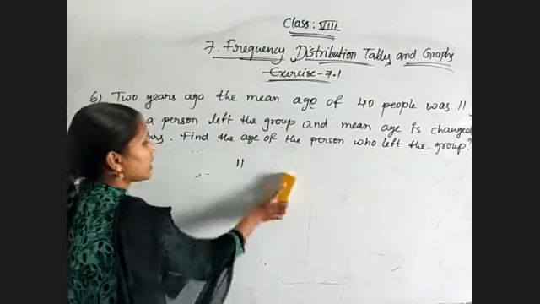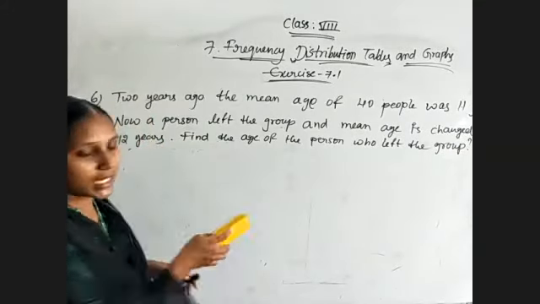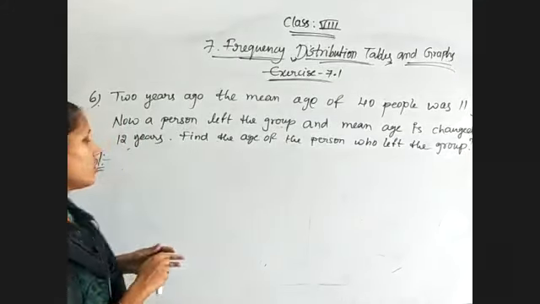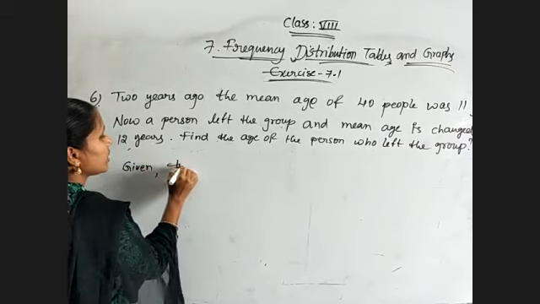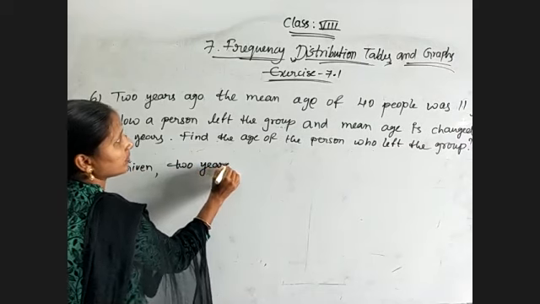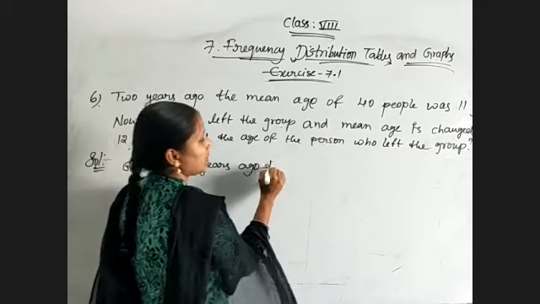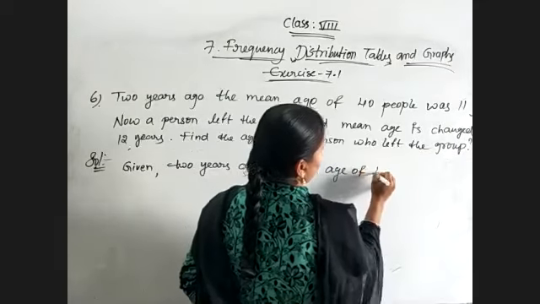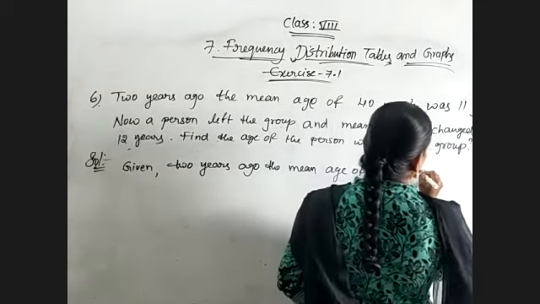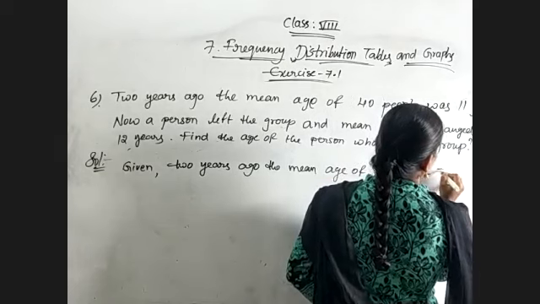First we will write why we are changing 11 to 13. Given, 2 years ago the mean age of 40 people is equal to 11 years.